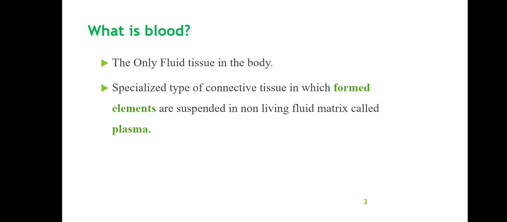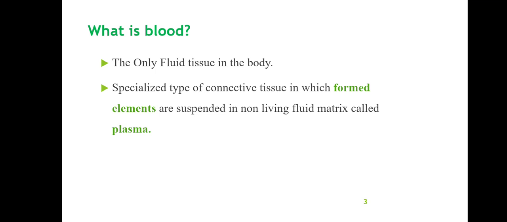So what is blood? If you may ask yourself the question, what is blood? Of course, I know there are a lot of definitions that you can give, but these are things that you should know about blood. Blood is the only fluid tissue in the body.